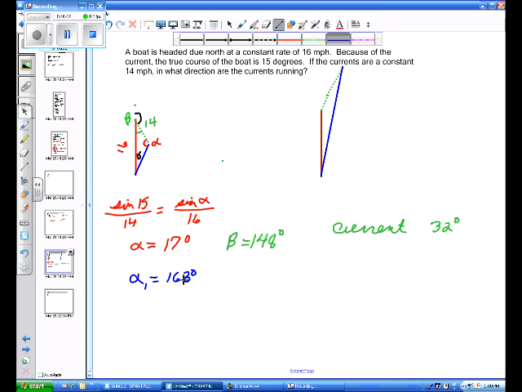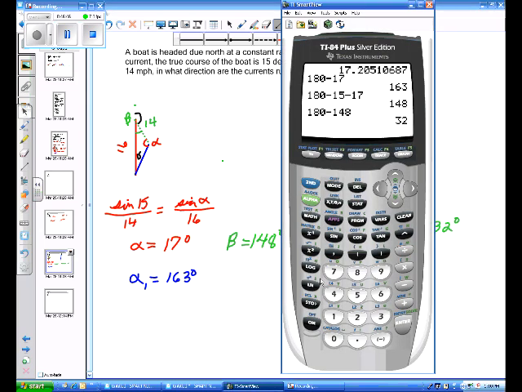Now we said it could have been 163. So let's see what that would be. We would have 180 minus 15 minus 163.